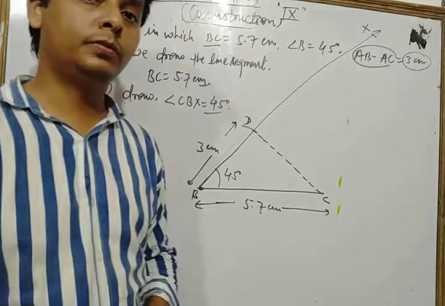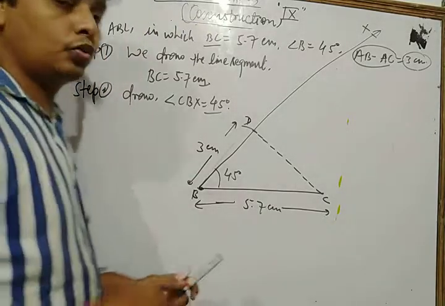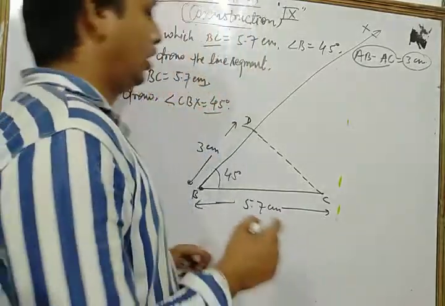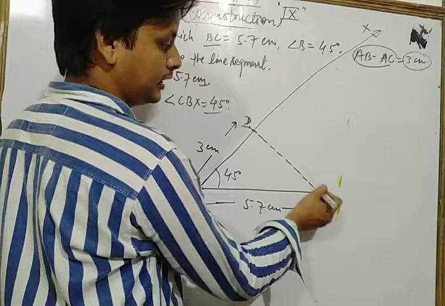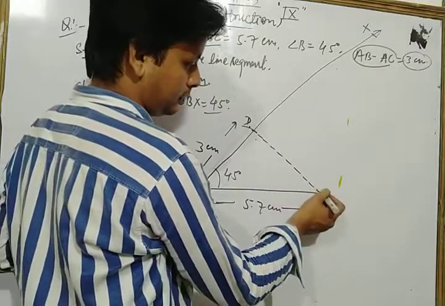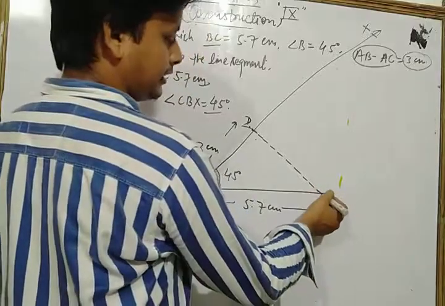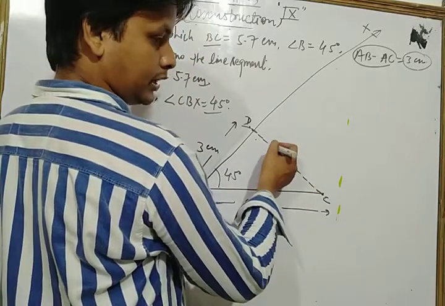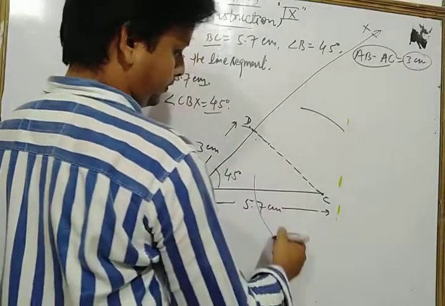Now what we do? Now we draw the perpendicular bisector of the line segment CD. Taking C as center and distance equal to more than half of CD, we cut two arcs in this way.